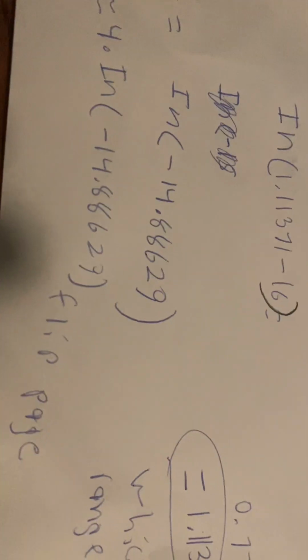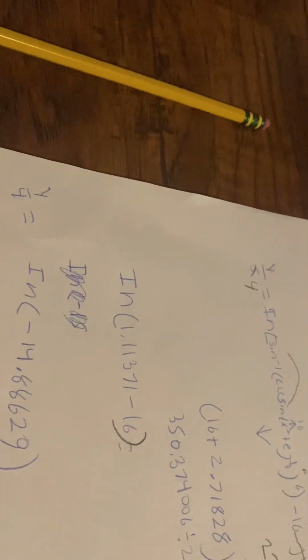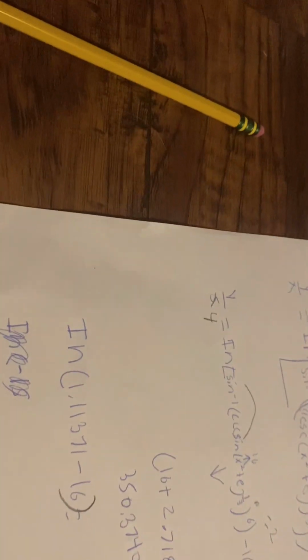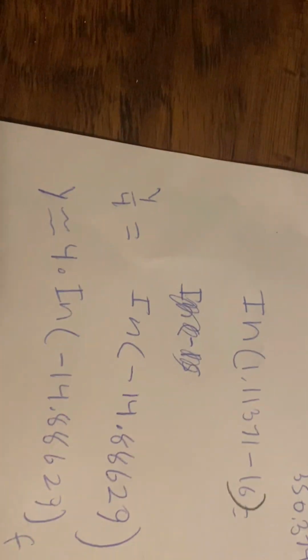So now we have to flip the page. And yes, that is not possible. It would be undefined, and this is just a log. I'll show you. It basically says: e to the power of what equals this?